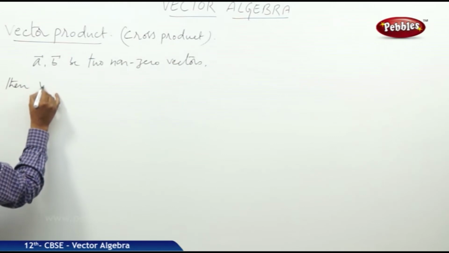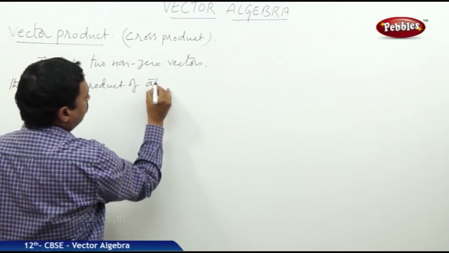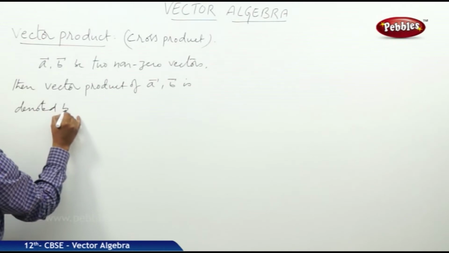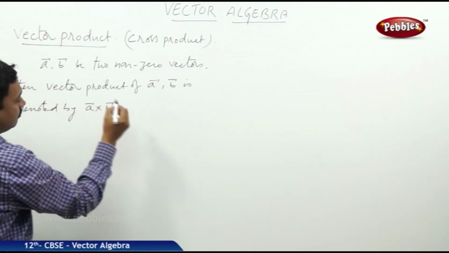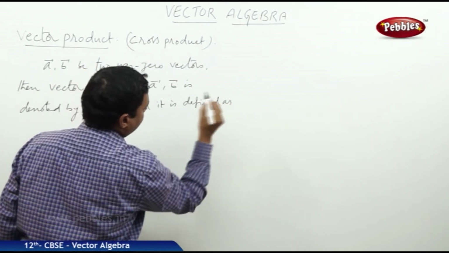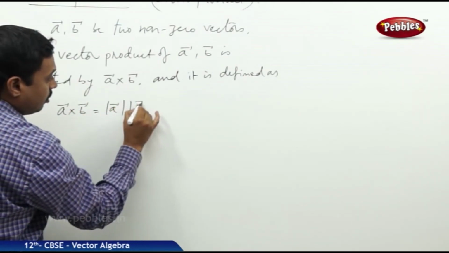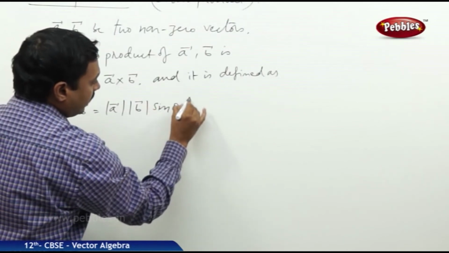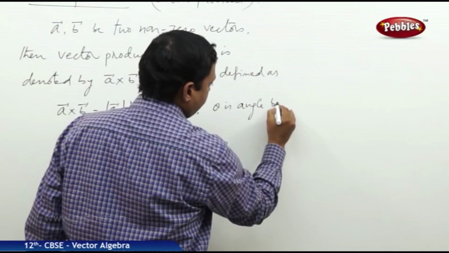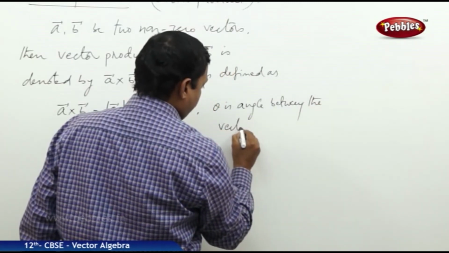Then the vector product of the two vectors a bar comma b bar is denoted by a bar cross b bar, and it is defined as a cross b is equal to modulus of a into modulus of b into sin theta into n cap, where theta is the angle between the vectors a bar and b bar.